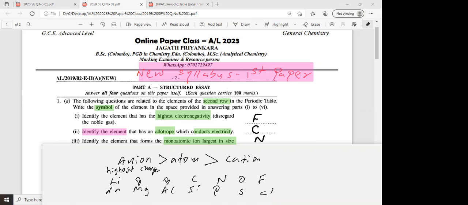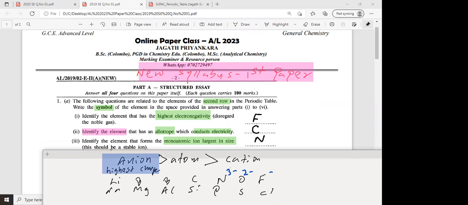So nitrogen is, and the other one should be a stable ion. Look at the screen now. Out of this, the most stable. Now, the largest anion is formed by whom? Nitrogen N3 minus, oxygen O2 minus, fluorine F minus. So for the largest anion, they are asking which period; they have not given it.